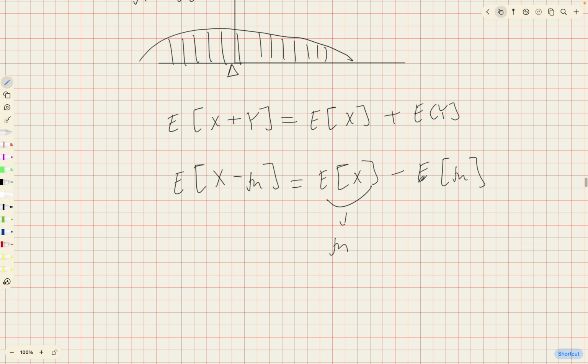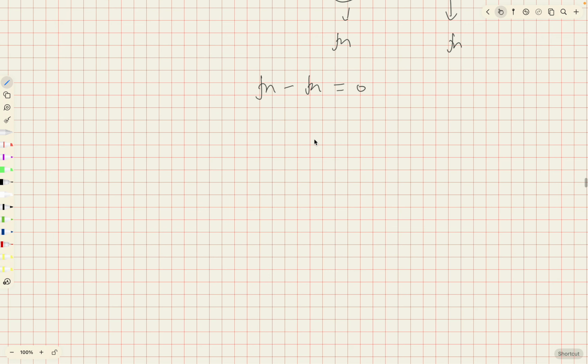The expected value of a constant is the constant itself. So it's mu. So mu subtracted by mu gives us 0. That's why exactly we get the value 0.